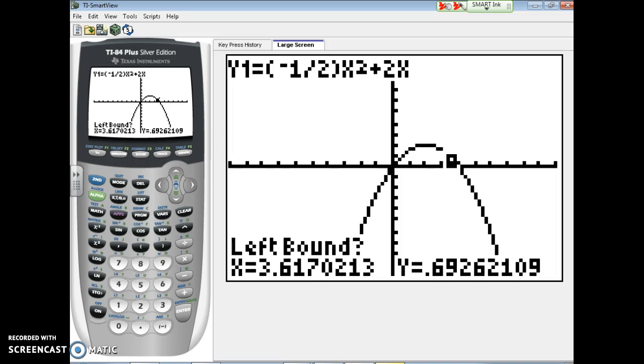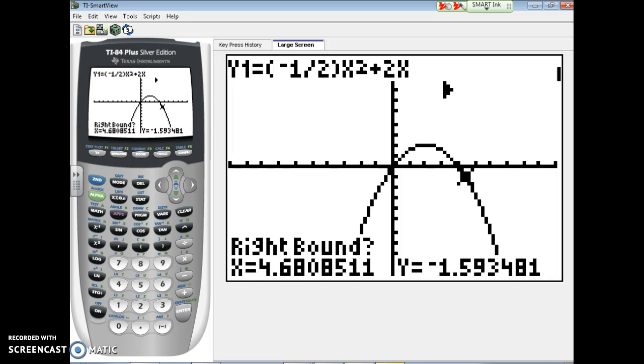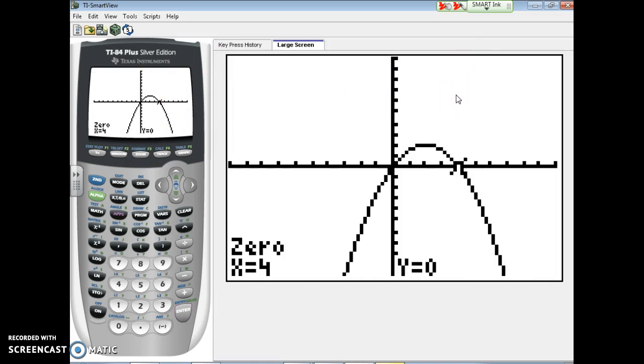You can be as close or as far away as you want. I'm going to press enter, so that's to the left of it, and then I'm going to go to the right of it, which means in this case I'm going below the x-axis. I'm going to press enter. So it's saying that my 0 is between these two values, and it's going to try to calculate where it is. I'm going to press enter, and I got the other one to be 4, 0.